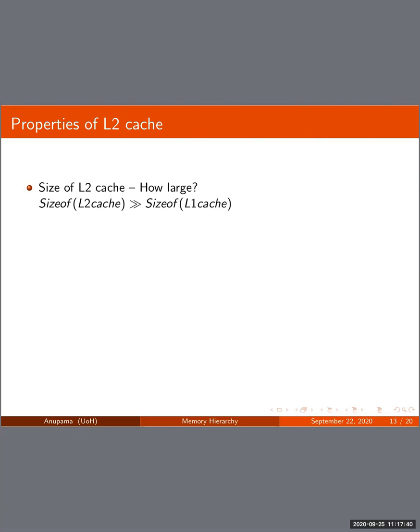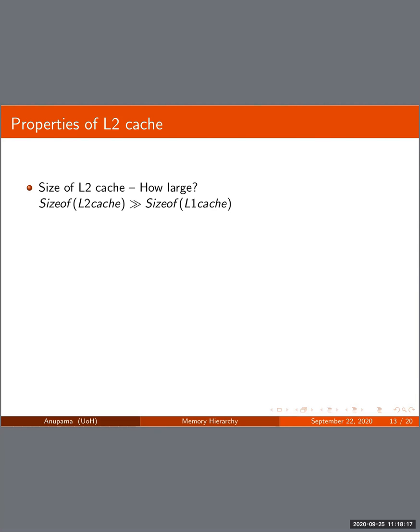Because if there is a miss in L2, then the miss penalty of L1 is going to be extremely large, because you're going to go to the main memory. Therefore, to reduce the miss rate, you would like to have a larger cache, because the hit time is not as much affected by a large cache as the miss penalty is affected if you have to go to the main memory. So it is better to have a large L2 cache.